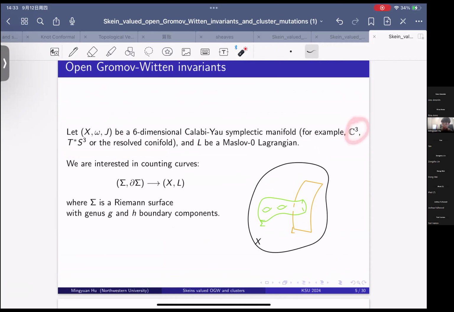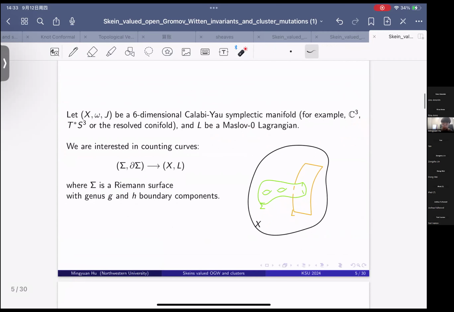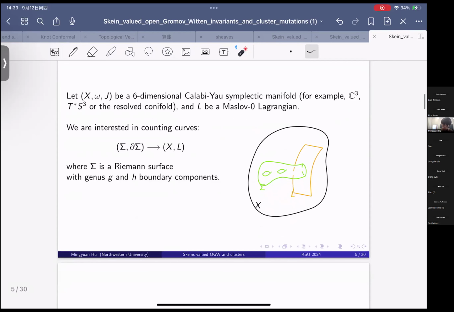In this talk, most of the examples will be Lagrangians in C3, and L is a Lagrangian. Maslov 0 just means some condition to guarantee that the moduli space is of the right dimension. So the open Gromov-Witten invariant is to count open curves.